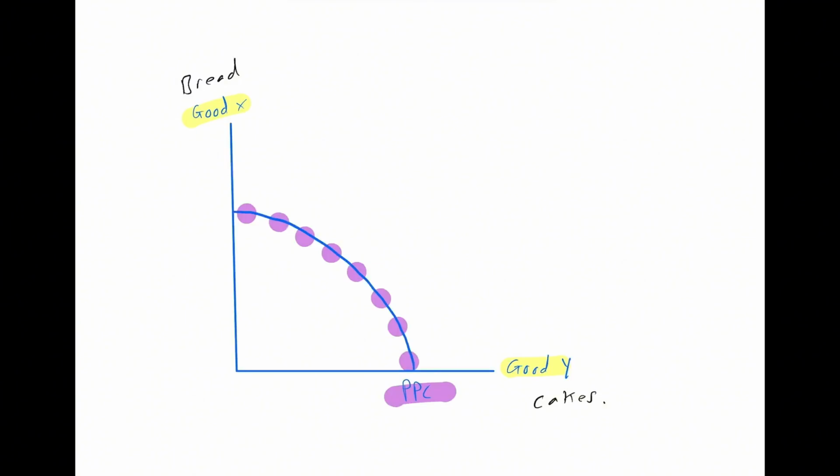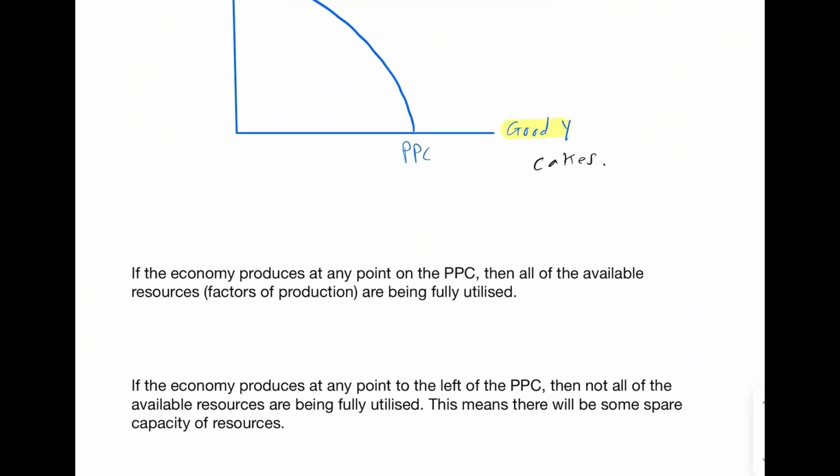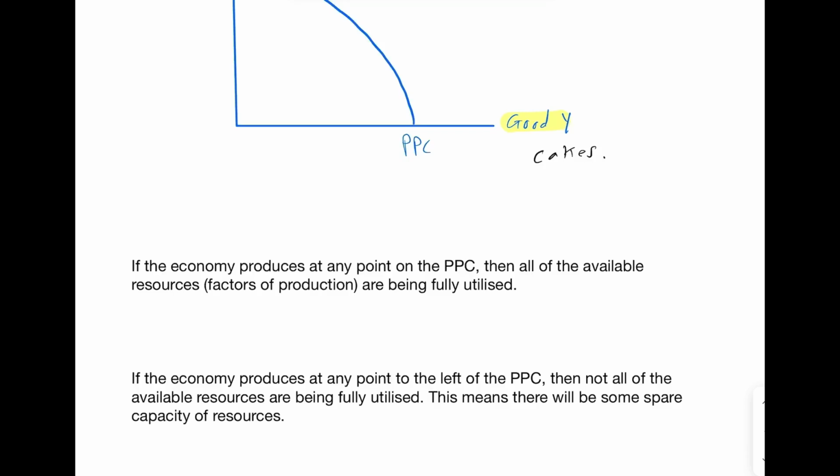Okay, so basically, if the economy is producing on the PPC, it is using all of the land available, all of the labor available, all of the capital available. Okay, it is using all of the factors of production available. If the economy produces at any point on the PPC, then all of the available resources are being fully utilized.